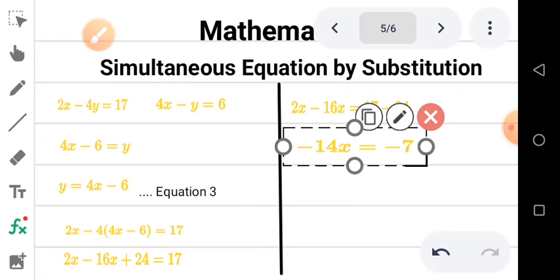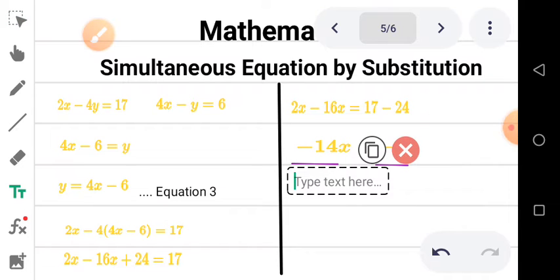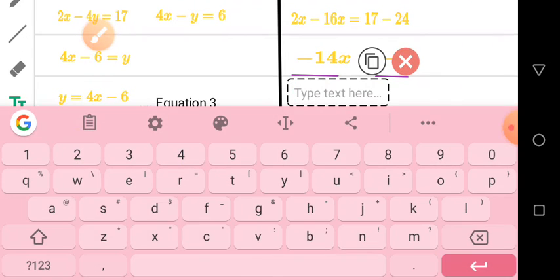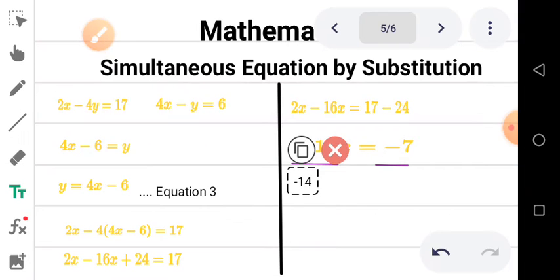The next thing I need to do is to divide both sides by minus 14, which is the coefficient of x. So we're dividing by minus 14.